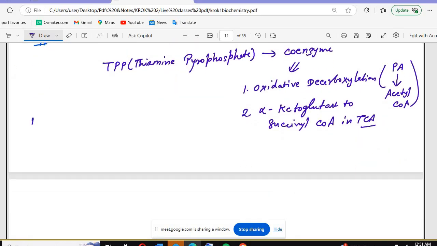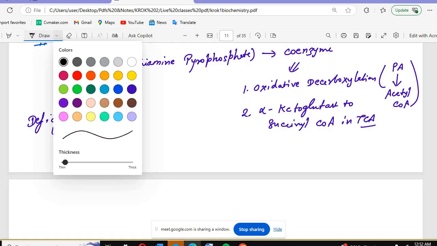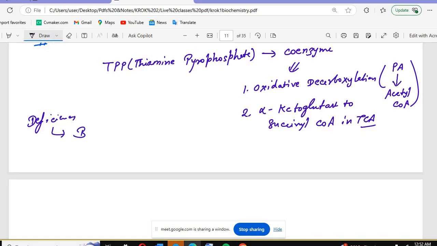Remember that deficiency of thiamine will lead to beriberi. That is in the male.